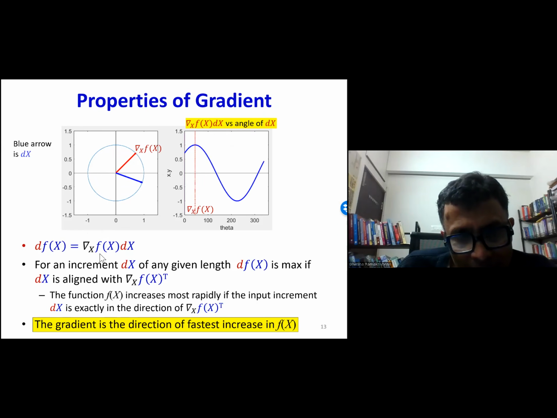So if I fix the length of dx, then the thing that I can change is its direction, right? When will this term be maximum? Anyone?